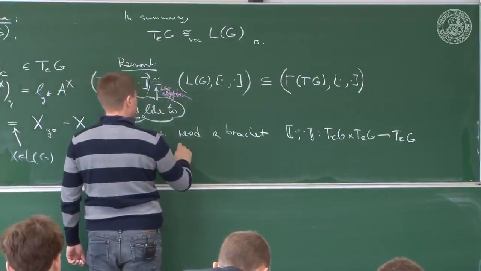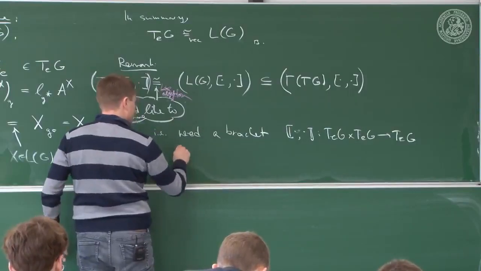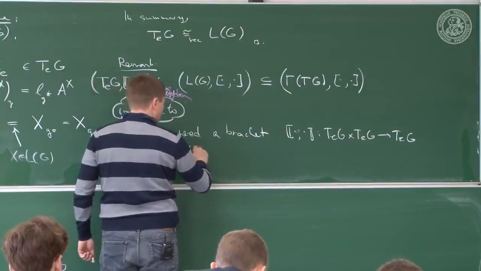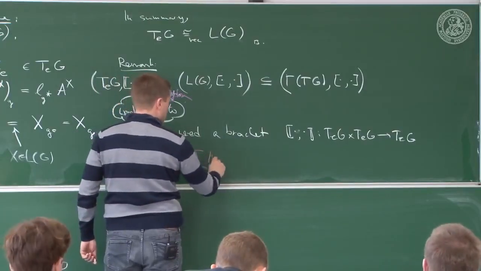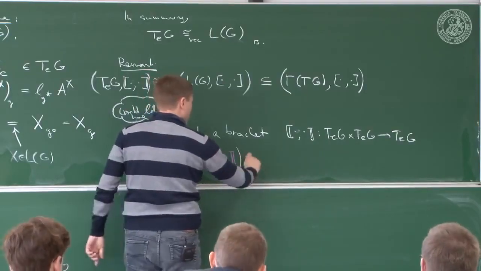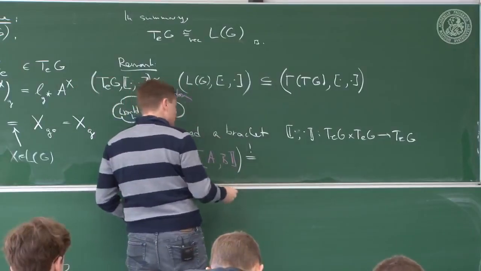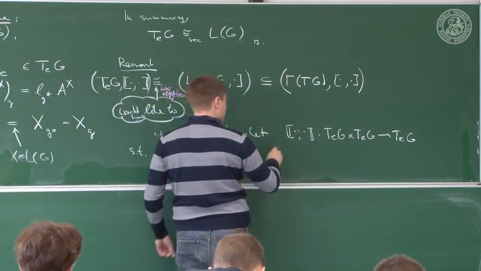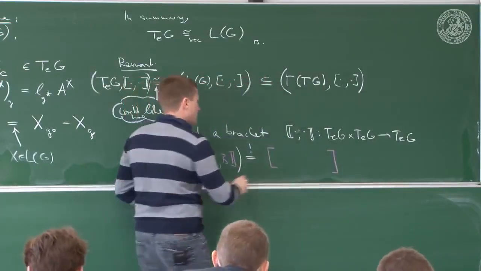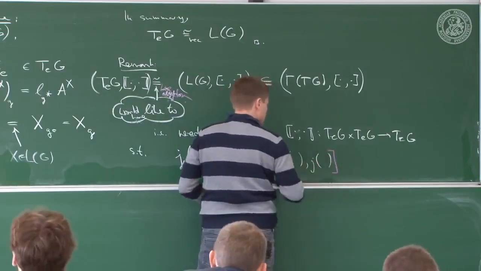So we want that if we apply our famous isomorphism J to the bracket of two elements in TEG, we want this to be the same as taking the bracket in LG after we mapped the individual elements.